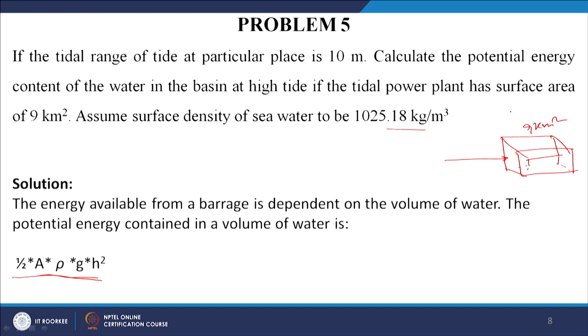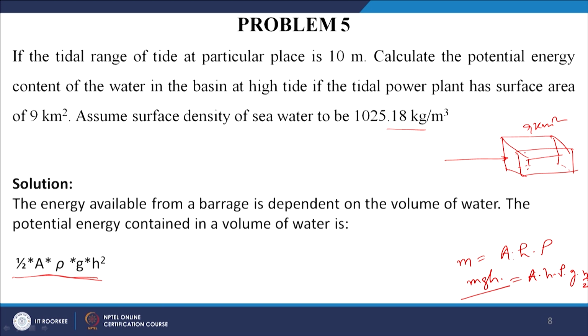Then what will be the height of it? A into H is the volume, into rho, this is the mass. So, mass is A into H into rho. Then if I use the formula mgh, m is A into H into rho, into G into H by 2.